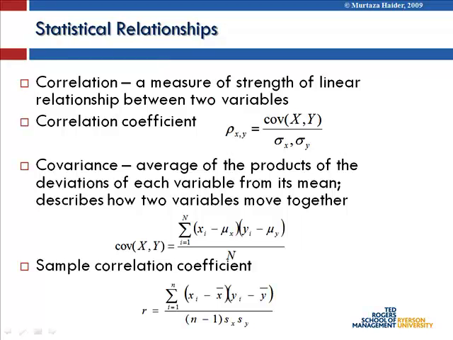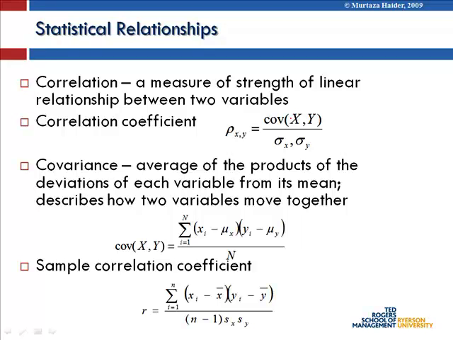And the correlation coefficient is basically the covariance between two variables divided by their respective standard deviations. Then the question comes: what is covariance? The covariance is the average of the products of the deviations of each variable from its mean, and it describes how two variables move together.